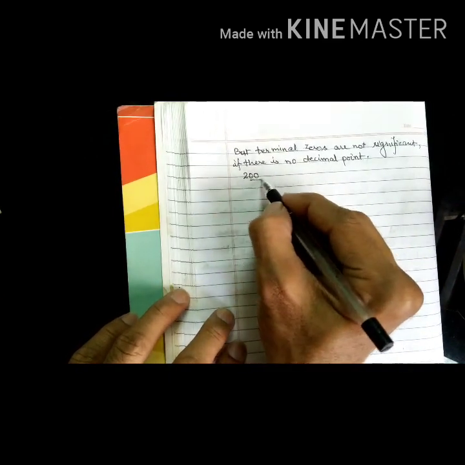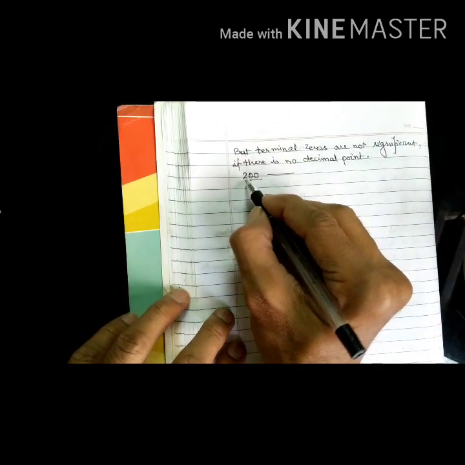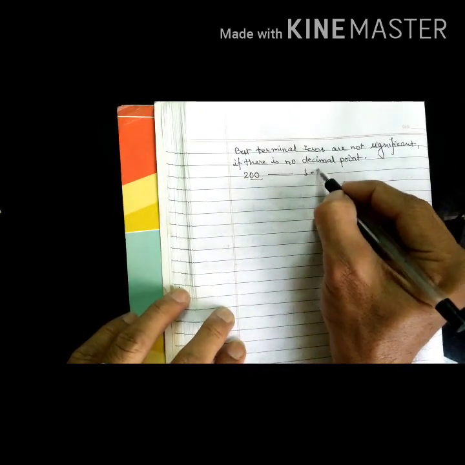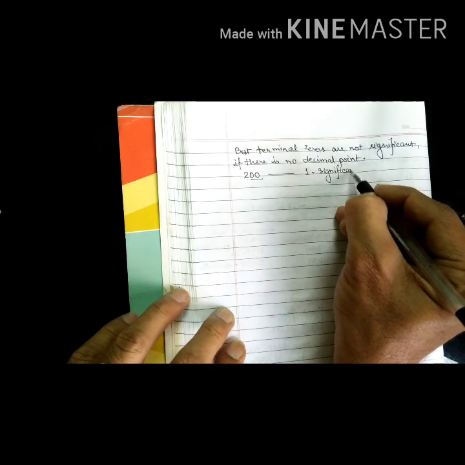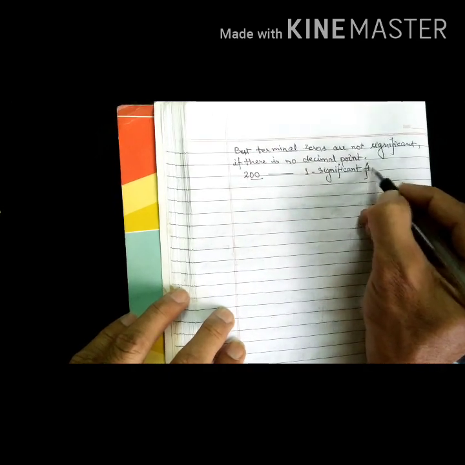So in this 200, only 2 is significant, that is only one significant figure.